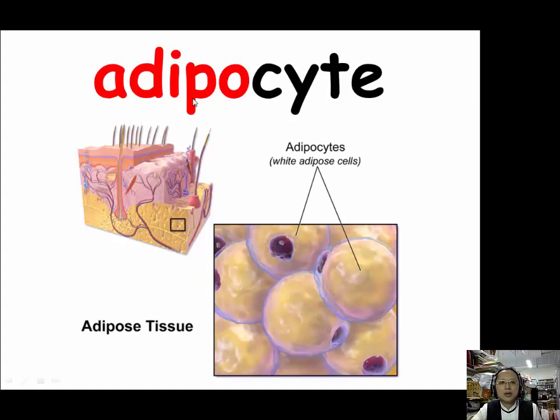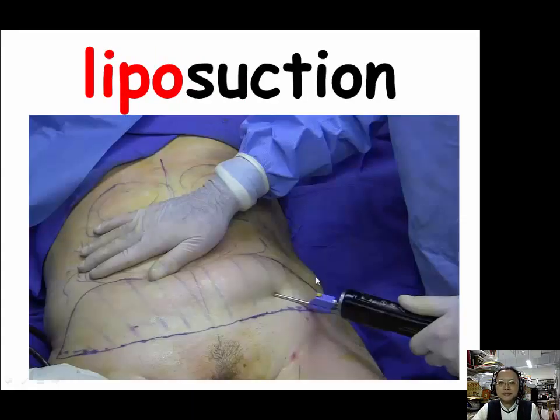For adipo, our example is adipocyte. Adipocyte is actually referring to a type of cell. These are adipose cells, present in the adipose tissue where fat is stored as a source of energy. These cells are called adipocytes. For lipo, our example is liposuction.